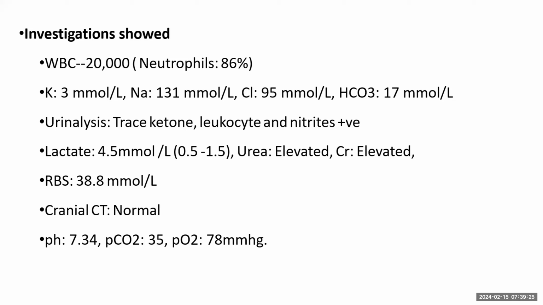So you don't need the urea, and if the value is not given, you shouldn't get worried. The sodium here is 131, so multiplied by 2 that will be 262. Then you add the random blood sugar in millimoles per liter, and that will give 300.